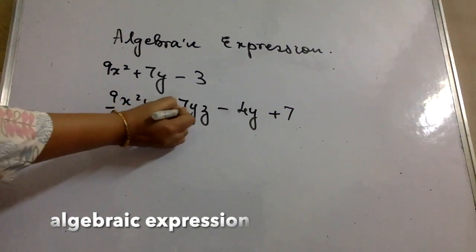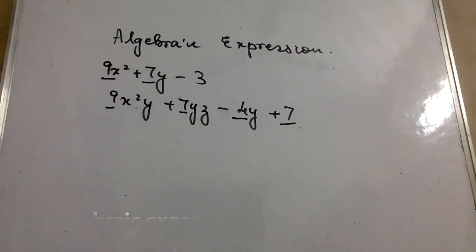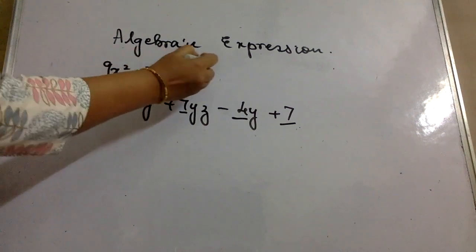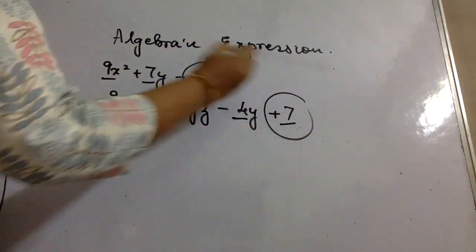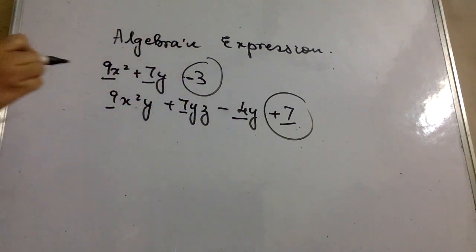These numbers are called the coefficients, and this is the constant term, with the sign.